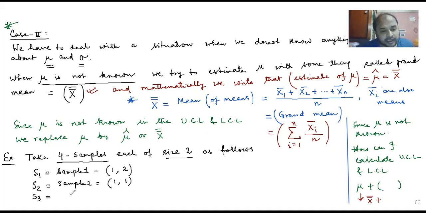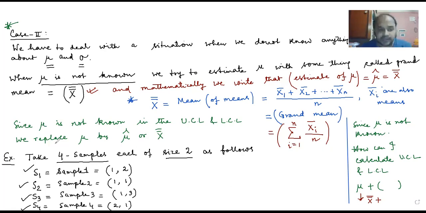Sample 3, I'm choosing it as 1, 3, and sample 4, S4, I'm choosing it as 2, 1.